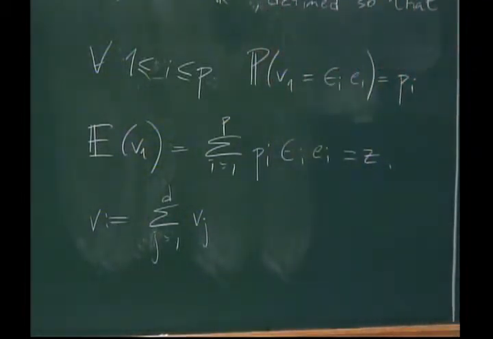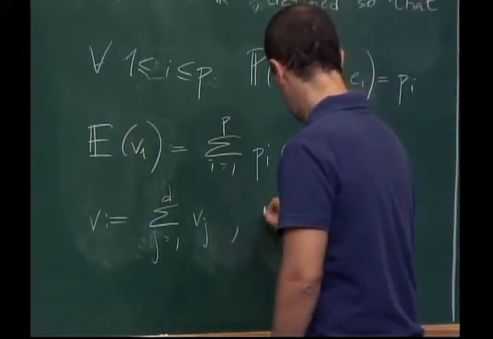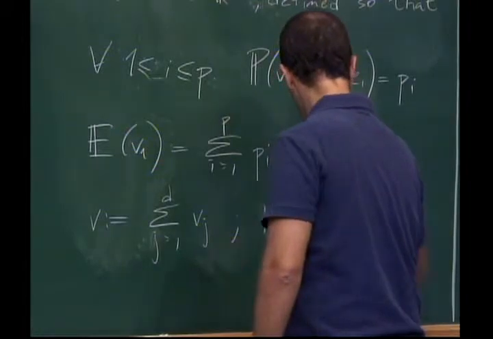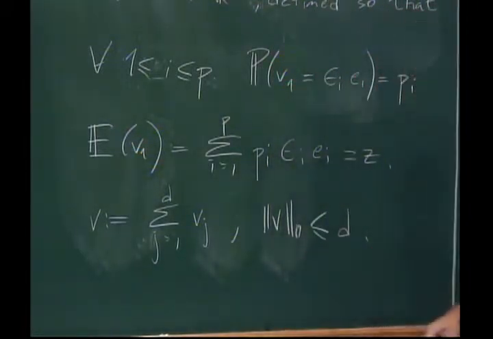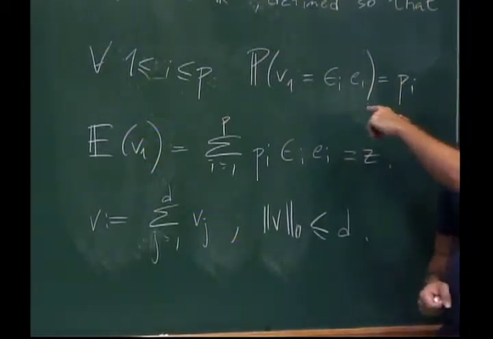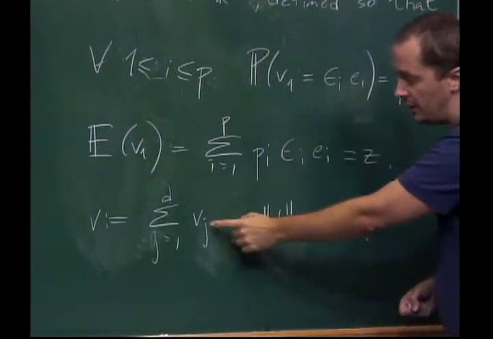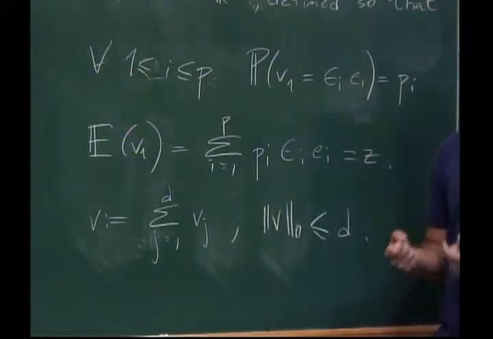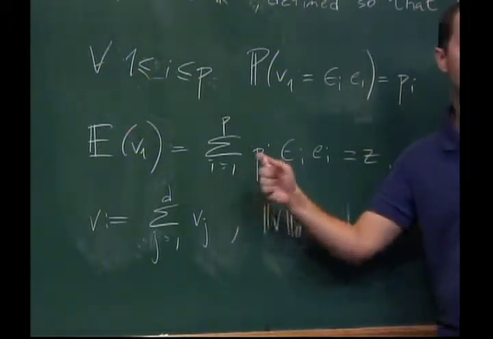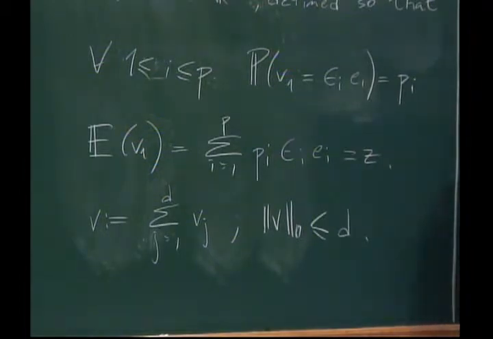Well, it's the sum of IID vectors, right? And for us, the main thing is that the L0 norm of V is always at most d. Why is that? Because vector V1 only has one non-zero coordinate. You're picking which coordinate you want to put in. So vector V2 only has one non-zero coordinate, and the same with V3. You have a sum of d vectors, which are basis vectors multiplied by signs, so this sum is only going to have at most d non-zero coordinates.